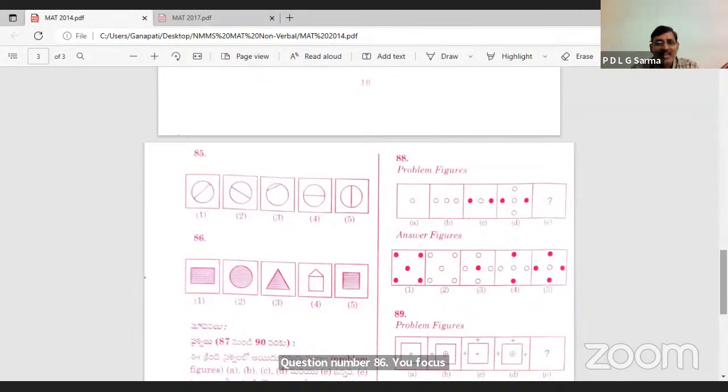Why? There are two different reasons for this. Yes, it is not shaded. Very good, Bharat, good identification. All the other figures are shaded, whereas the fourth one is not shaded. That is one reason.